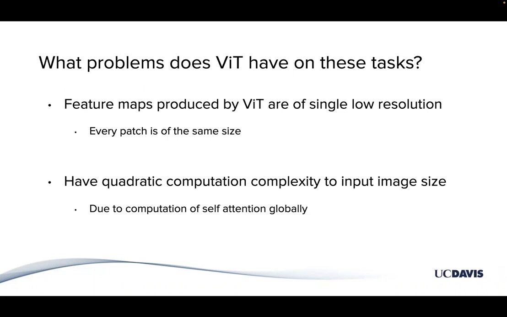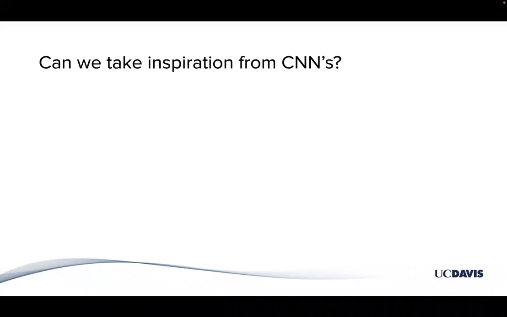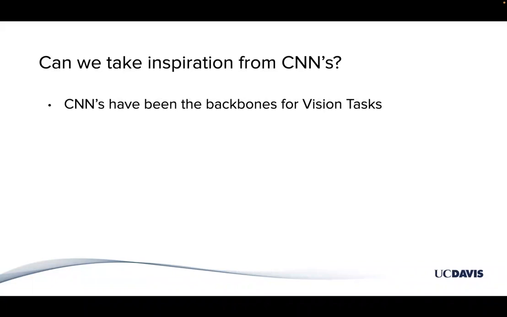We'll see how Swin Transformer solves these problems, but before that, we can take inspiration from convolutional neural networks to understand how CNNs solve these problems before taking the concepts and applying them to Vision Transformer. So CNNs have been the backbone for vision tasks before the advent of transformers.